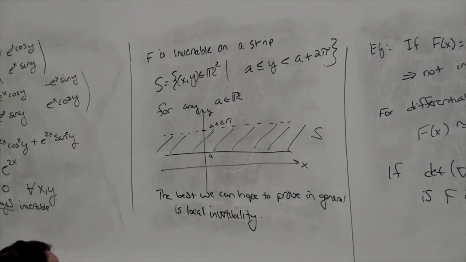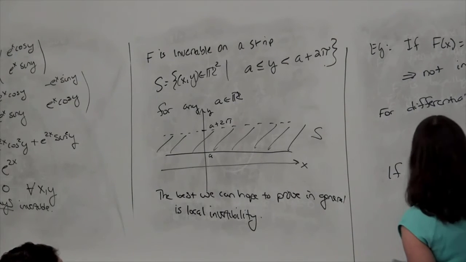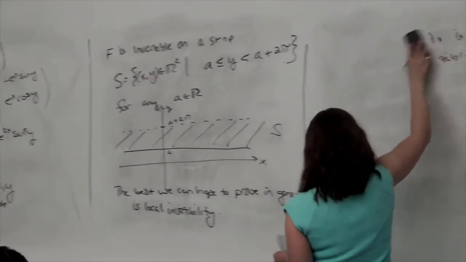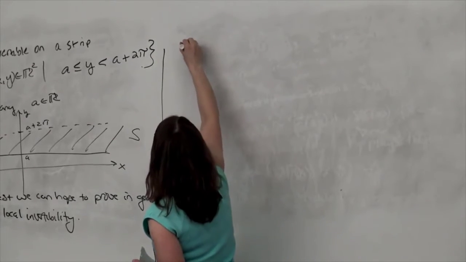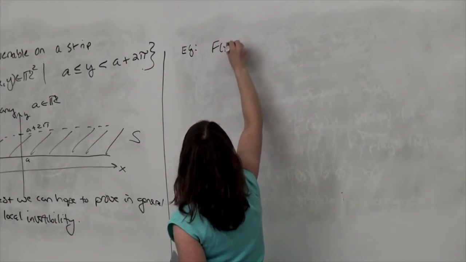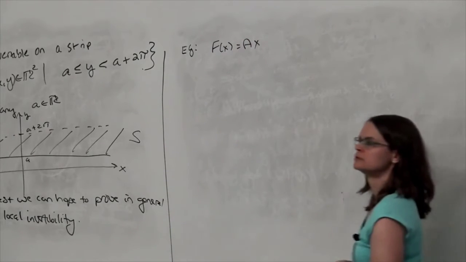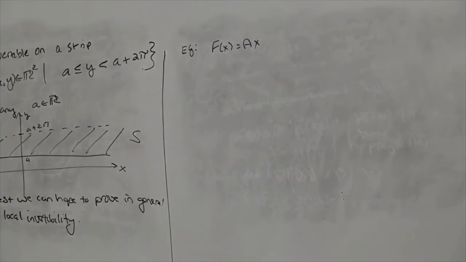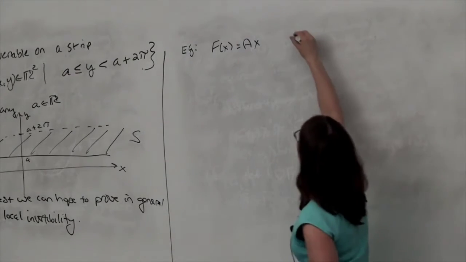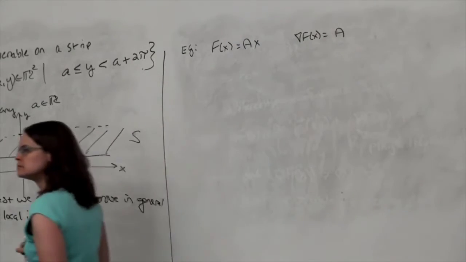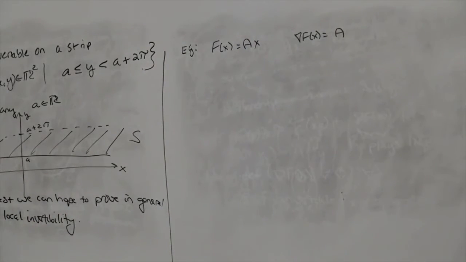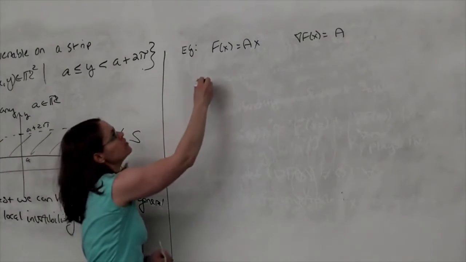The other thing we can talk about a little bit is what the Jacobian is going to look like here. Okay, so if f of x is linear, then of course the Jacobian is equal to the matrix A. Then we said it was easy to write down the inverse in this case.